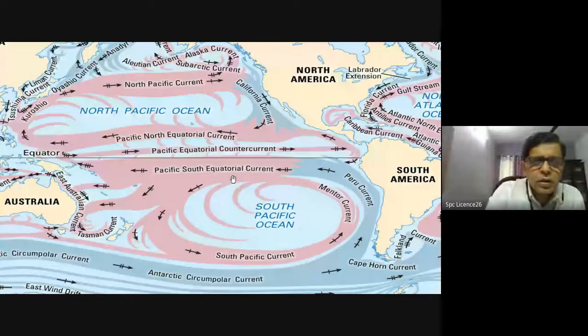Okay, this is the counter current, which when it shifts south will attack this area. Attack in the sense it will come in this particular area. The Peru current being a cold current will sink and the El Nino will ride upon it. And that is going to be the El Nino year for the world. That's how this all happens.